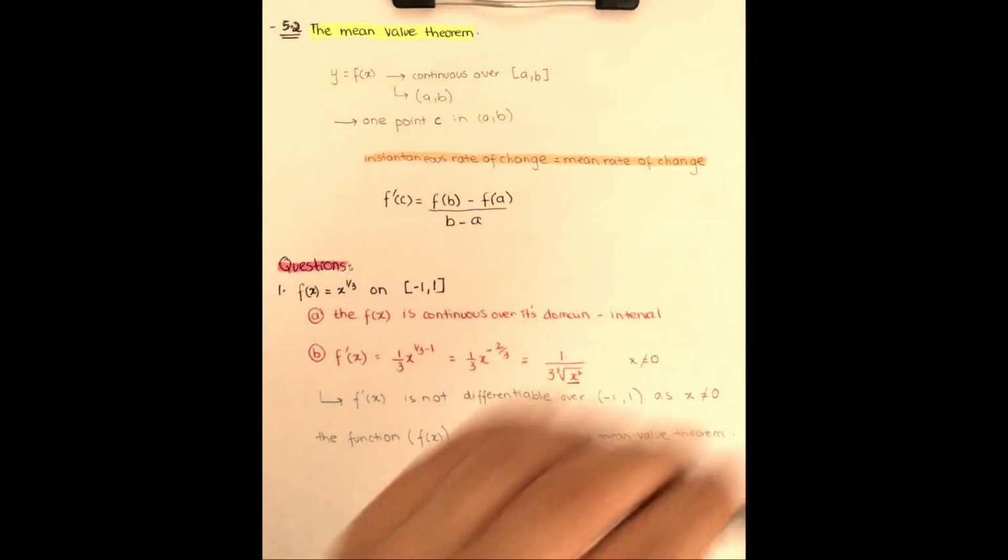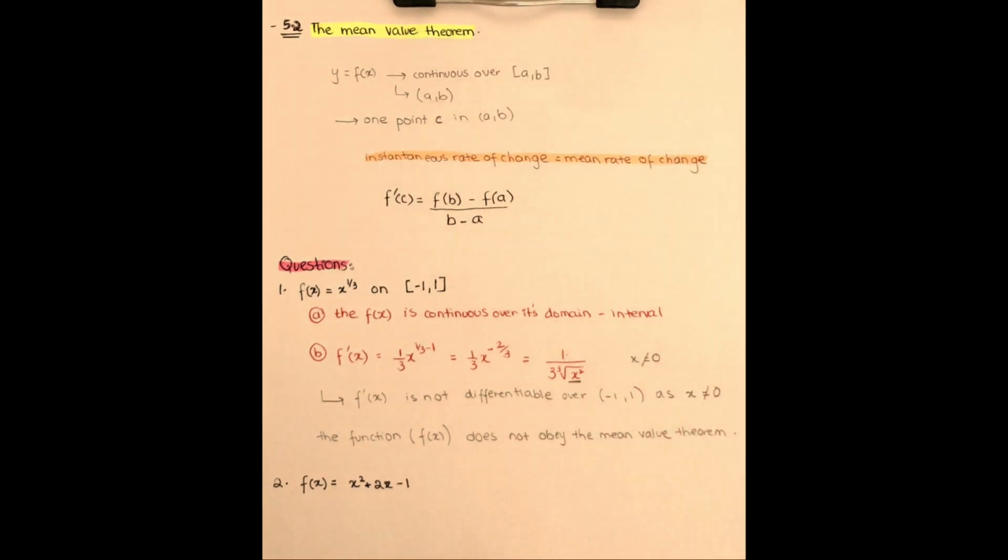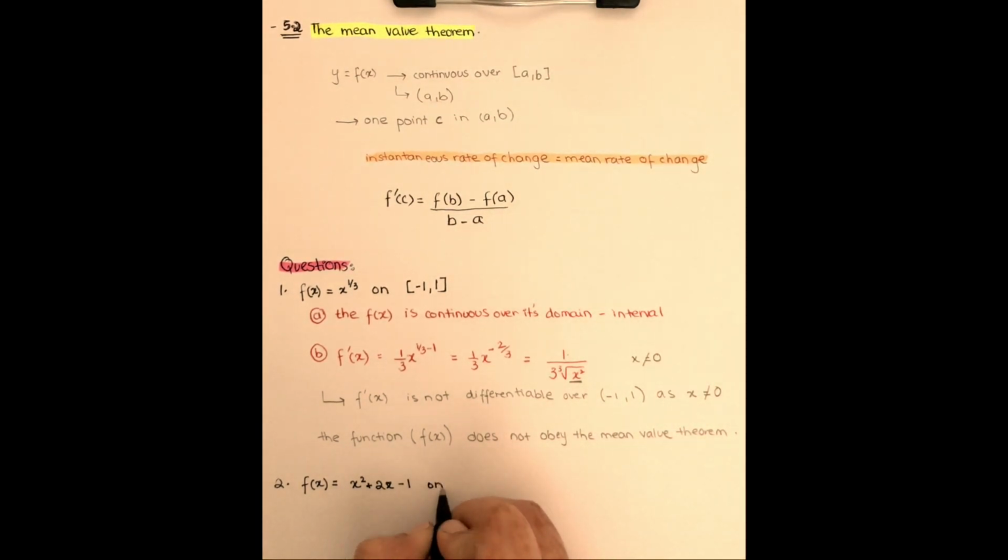Let's go to the second question. f of x is equal to x squared plus 2x minus 1 over the interval from 0 to 1 included.